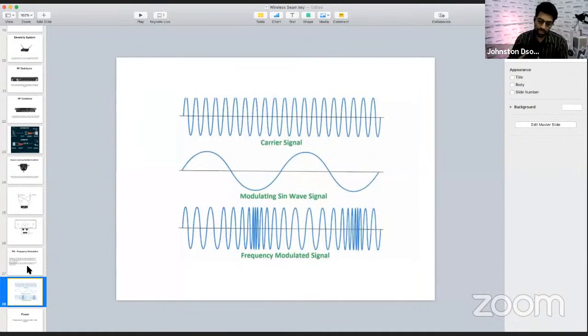Now, how it happens is when you play any sound on it, as you go lower in frequency, the carrier signal frequency also drops. And as you go higher in frequency, the carrier signal frequency also increases. So as the audio frequencies go higher and lower, the carrier frequency also will start modulating from a rest frequency.